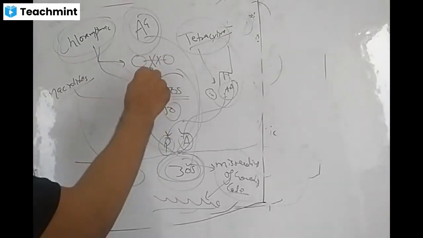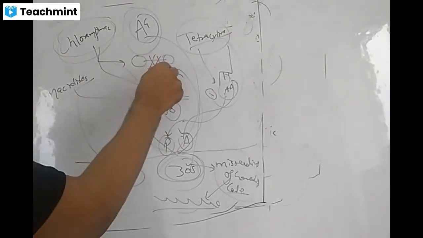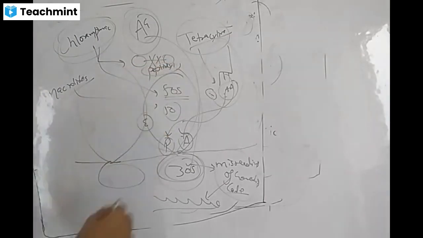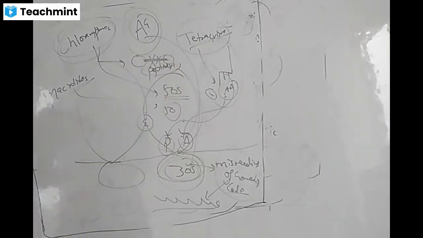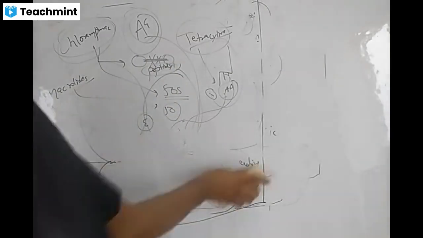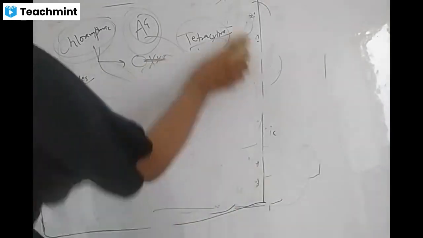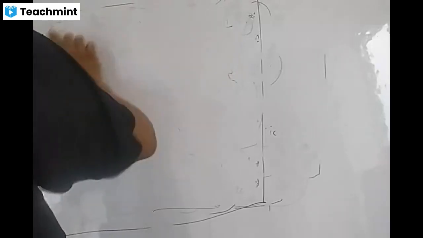It means there is one enzyme, peptidyl transferase. It blocks that enzyme so that these amino acids are not joined with each other. So premature termination of the polypeptide chain.